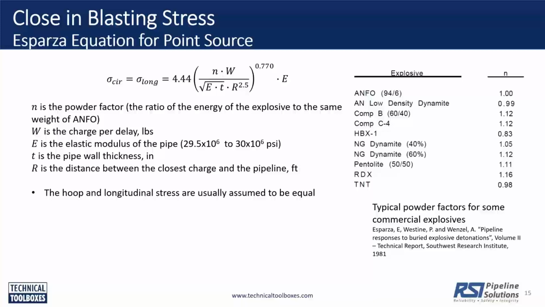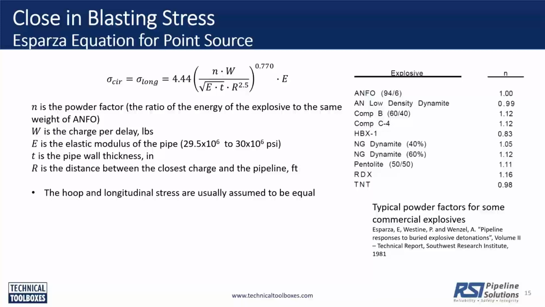And so using this equation, if you know the amount of explosive and the standoff distance from the pipe, you can use this equation to calculate the stress in the pipe. And the blast-induced or vibration-induced stress plus the operating stresses in the pipe should be within the allowable limits, right?